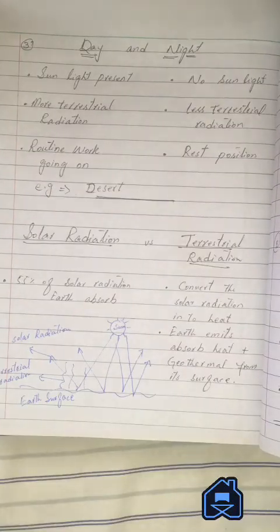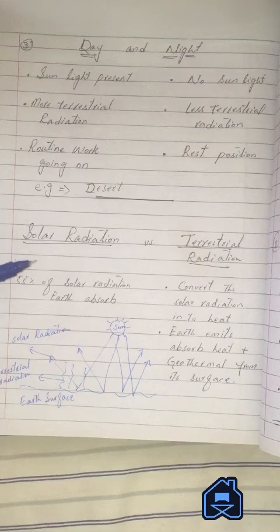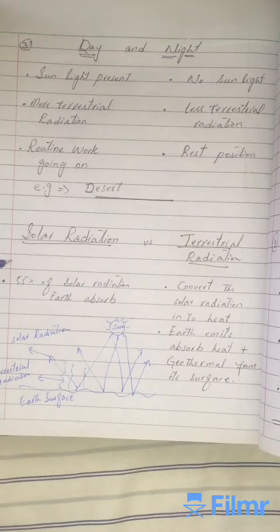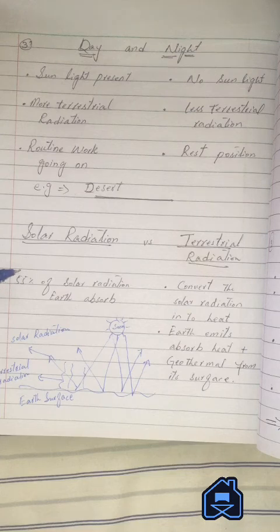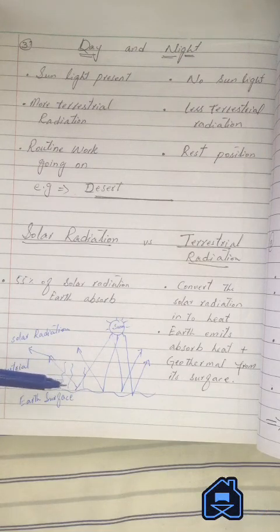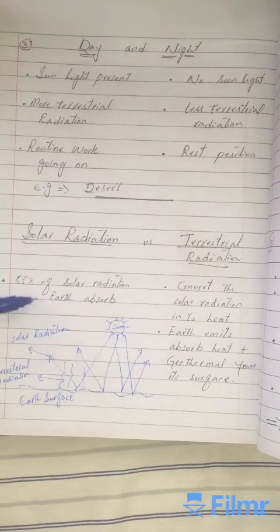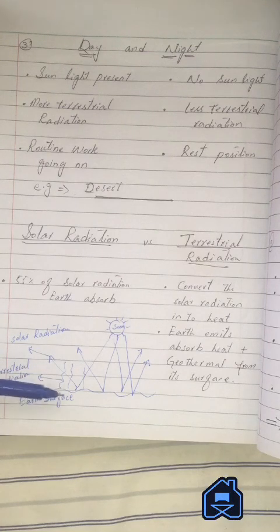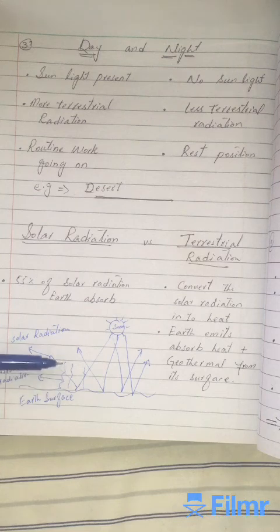Now let's learn about solar radiation and terrestrial radiation. Solar radiation: when the sunlight hits the surface of the earth, about 55% of the solar radiation is absorbed by the earth, which then converts this solar radiation into heat. The earth itself also has geothermal heat which is released from its surface.